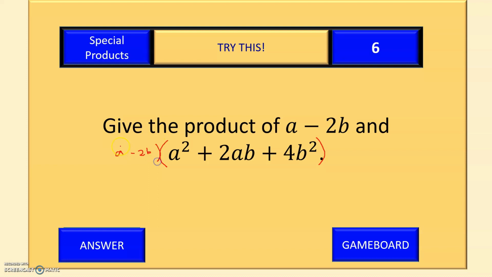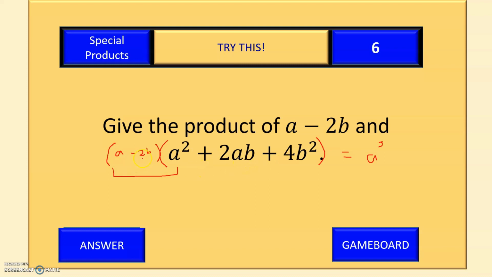So, a minus 2b. By inspection, manonotice natin, this is actually equal to difference of 2 cubes. So, meaning to say, multiply ko lang to, that will be a cubed. Bakit difference of 2 cubes? Kasi nga, manonotice nyo, if you're going to multiply this, reverse the sign, that's positive 2ab.